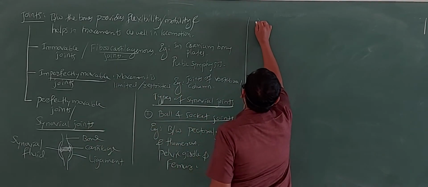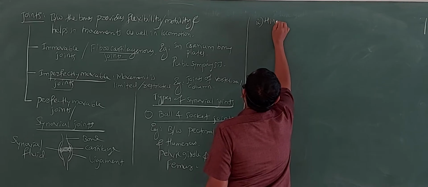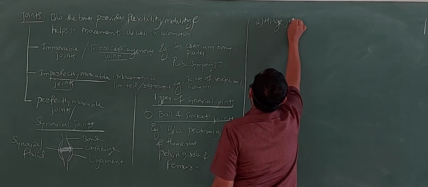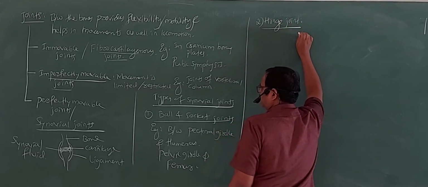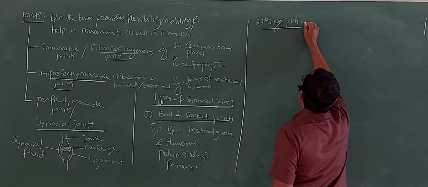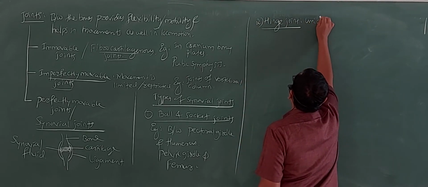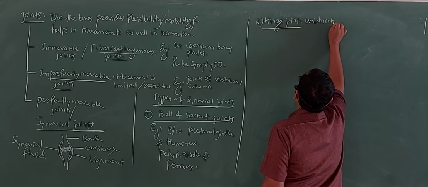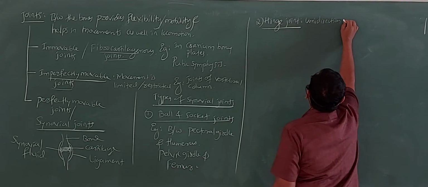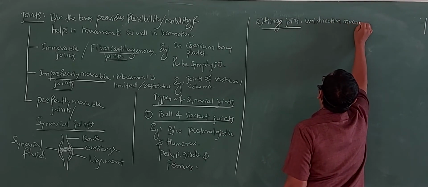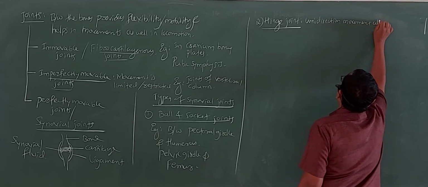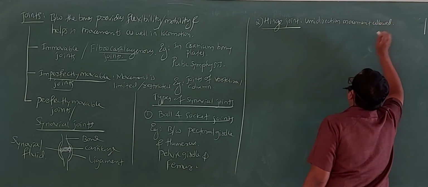The second kind of joint we call a hinge joint. It allows unidirectional, limited movement.